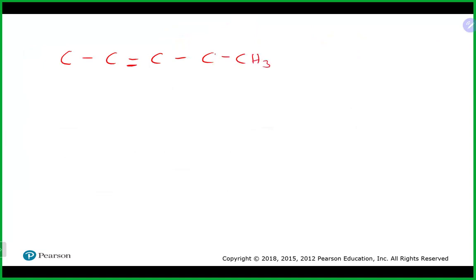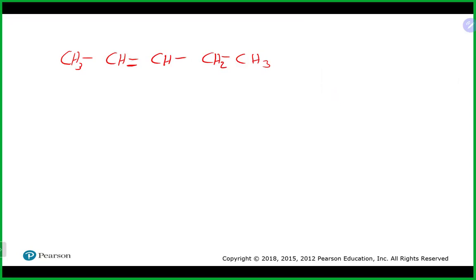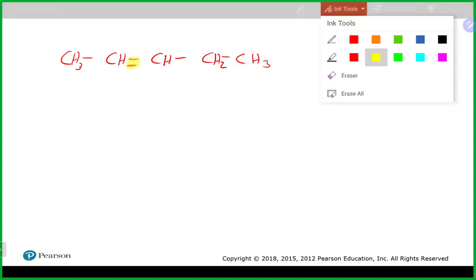H3. H3. So here, first off, we can identify this as an alkene, because obviously we have a double bond happening right there. So this is an alkene.